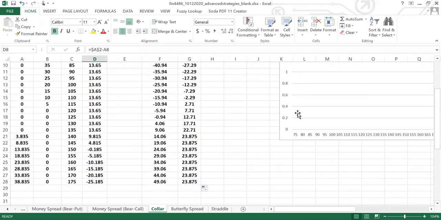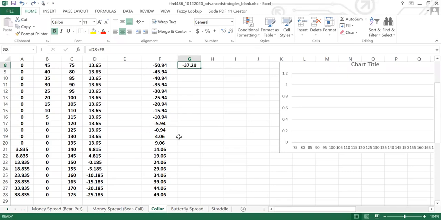And then at some point, you have capped your gains. Instead of having unlimited gains from the stock or unlimited losses from writing the call option, now you just have that limit, which is your max gain, which is this 23.875, right?